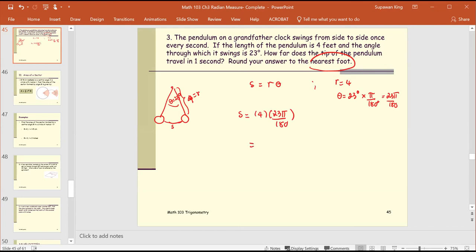Put in a calculator, we get 1.6057, but the problem asks you to round your answer to the nearest foot, so it's about 2 feet. That is how far the tip goes from one side to another side in 1 second.